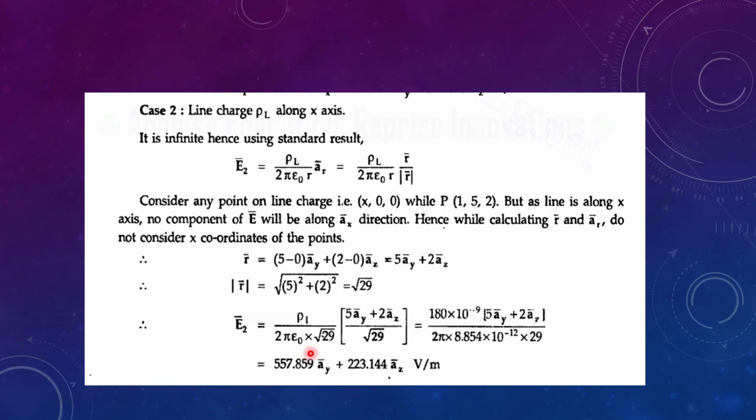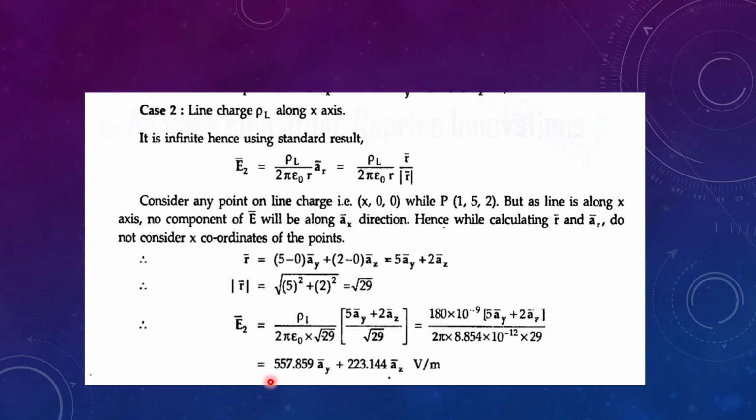And E2 is equal to rho L divided by 2 pi epsilon naught into square root of 29, into this is our unit vector AR cap. So rho L is given as 180 nanocoulomb. So 180 into 10 raised to minus 9 into this unit vector, and all the things are kept in this equation.